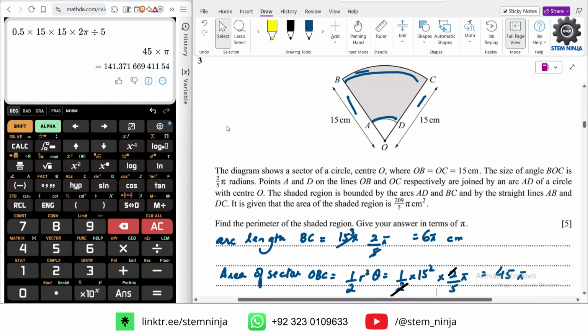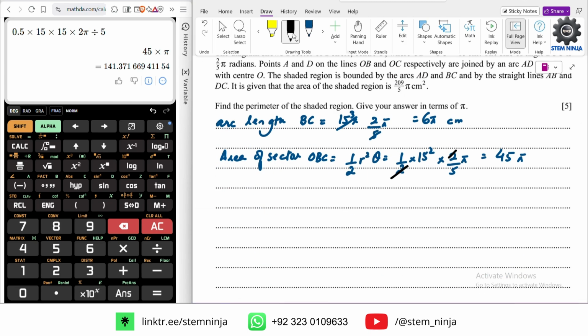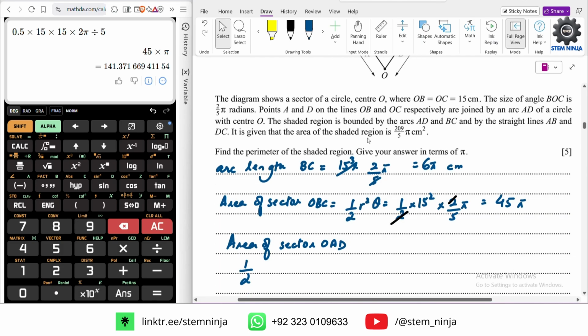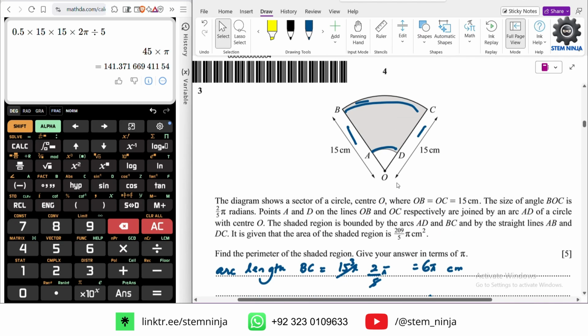Now, area of sector OAD is going to be half OA whole squared times theta, which is 2 over 5 pi radians again. However, for sector OAD, we can use area of sector OBC minus the shaded region.